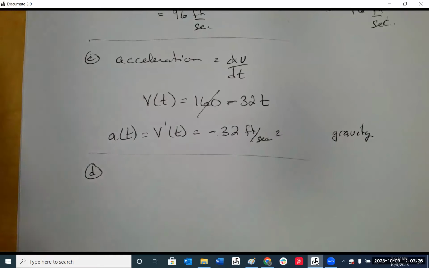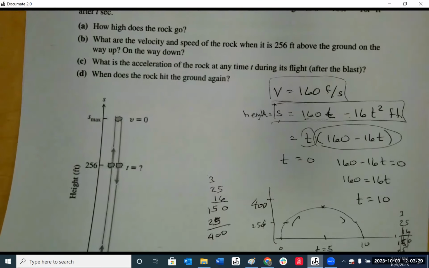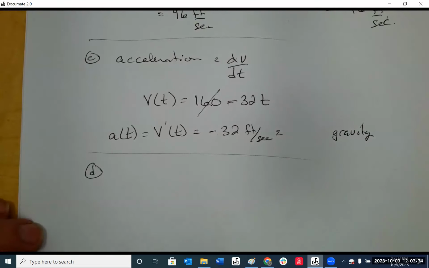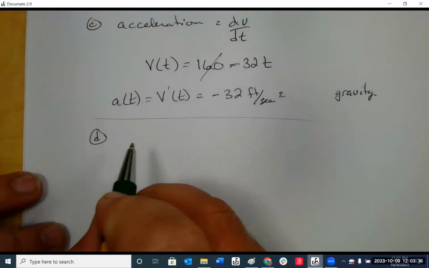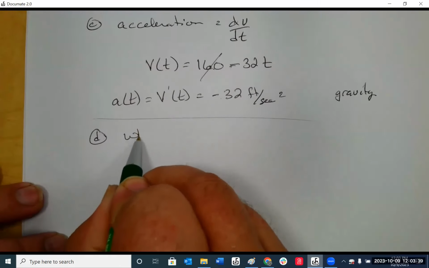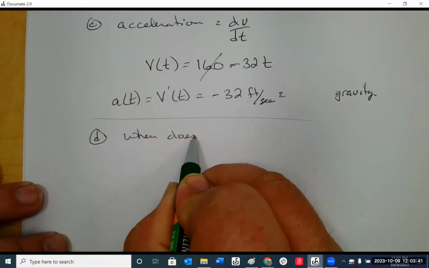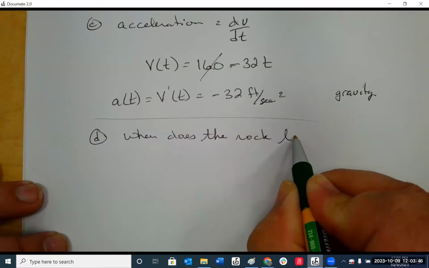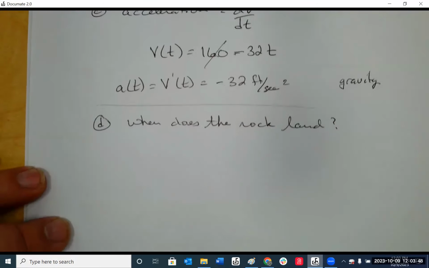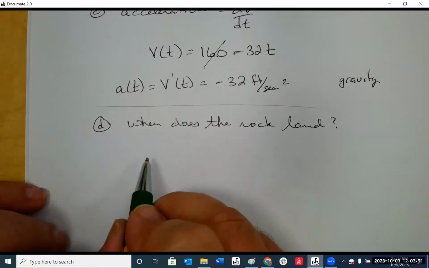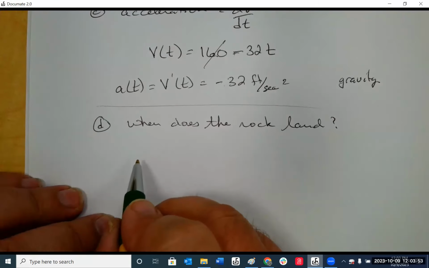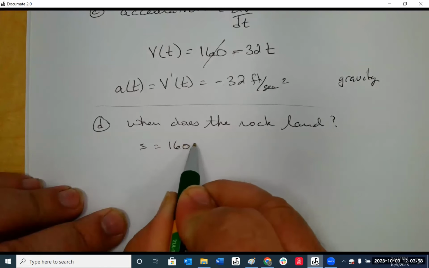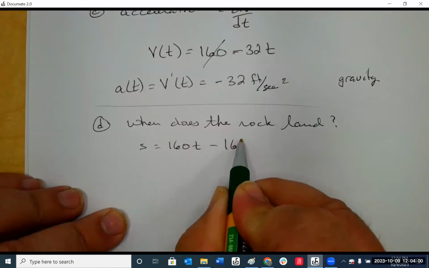B. When does the rock hit the ground again? Well, we know our displacement was 160t minus 16t squared.